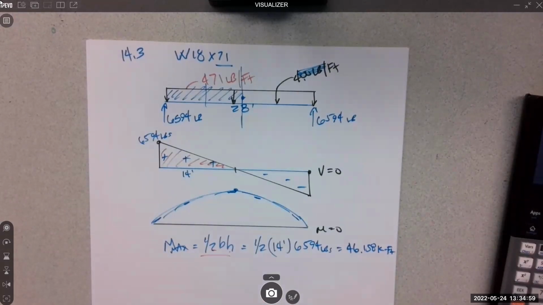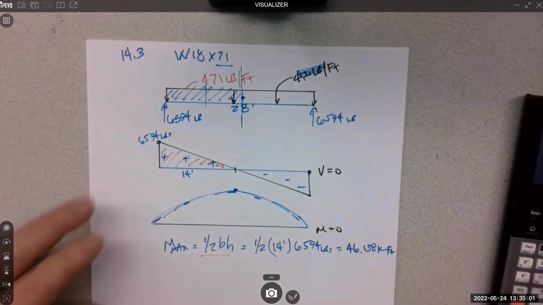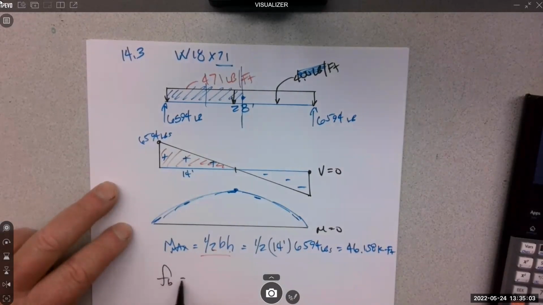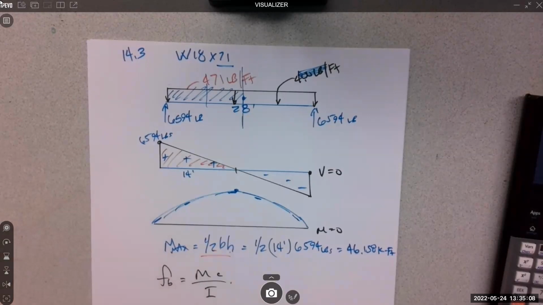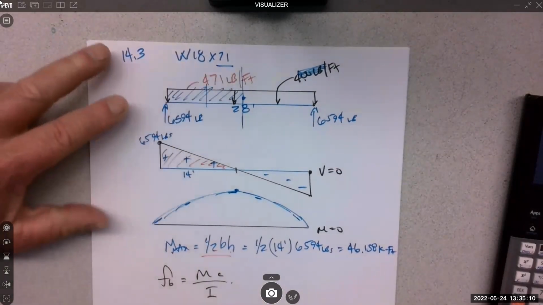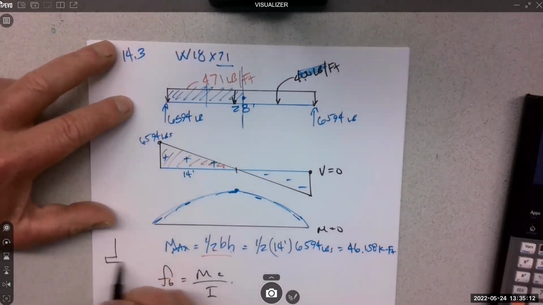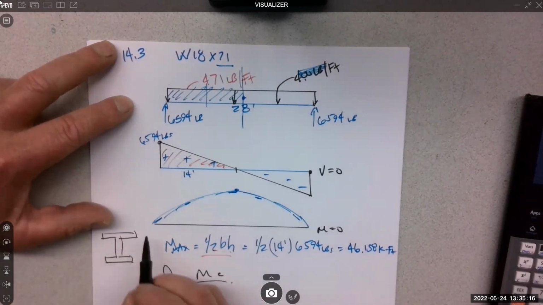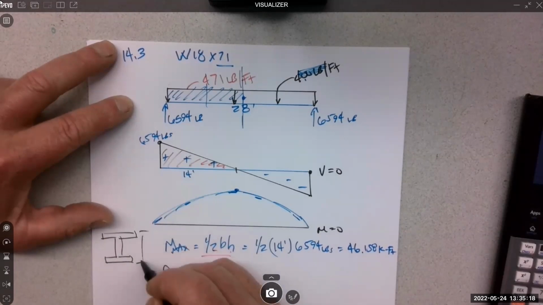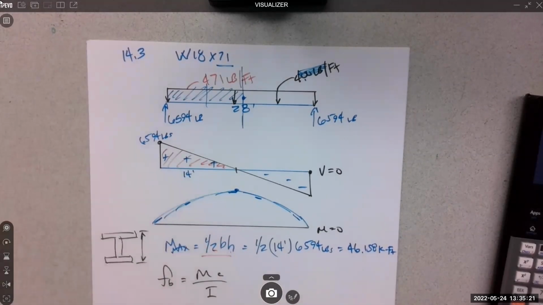So the equation for bending stress is MC over I. And we know it's a W 18 by 71. I'm just going to draw it. I know it's approximately 18 tall, but I need to look up exactly what it is.